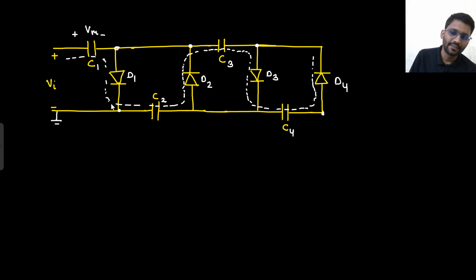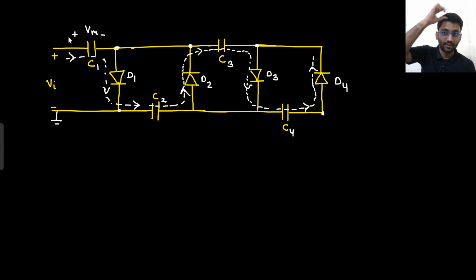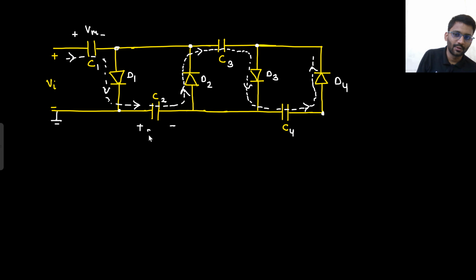So the direction is going in this manner, like this, like this. Are you getting this point? So plus minus Vm, then plus minus 2 Vm, then plus minus 2 Vm, then plus minus 2 Vm.